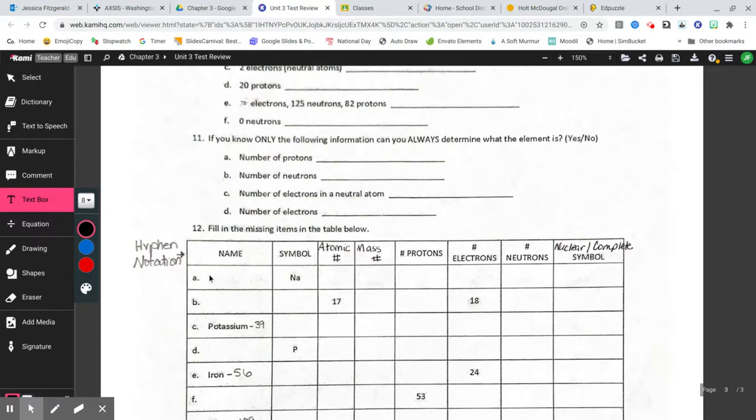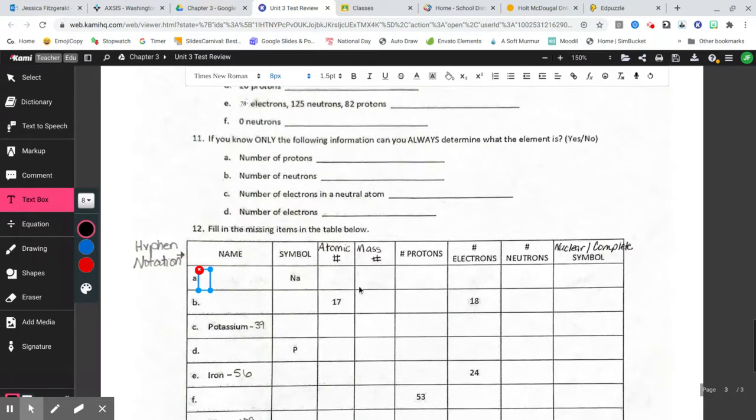So for instance, our first element for A is sodium. So you definitely want to have your periodic table out for this. And let's change the color so it jumps out a little bit more at you. Make this font a little bit bigger.